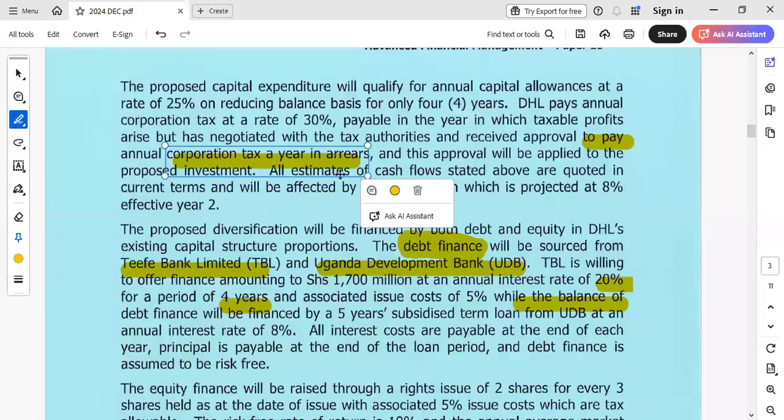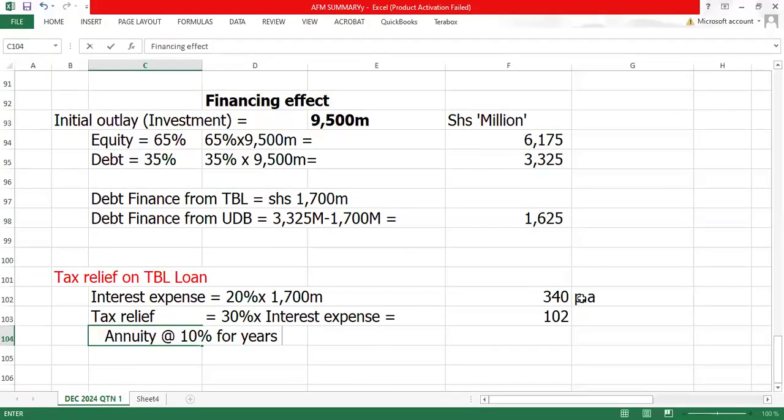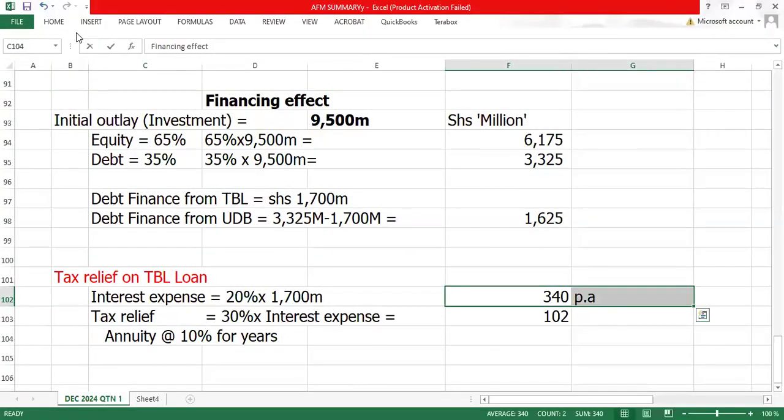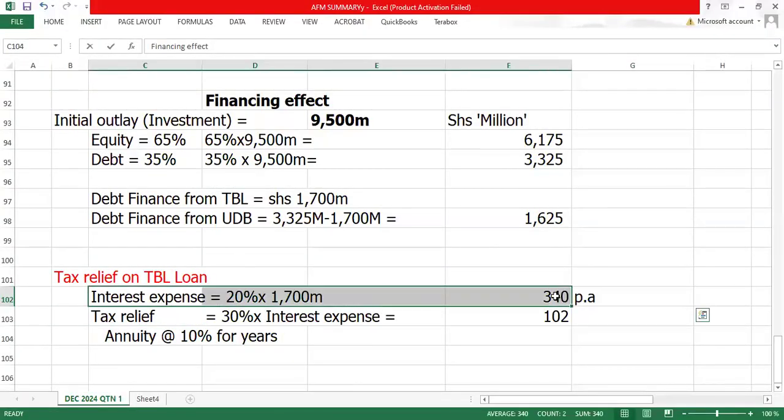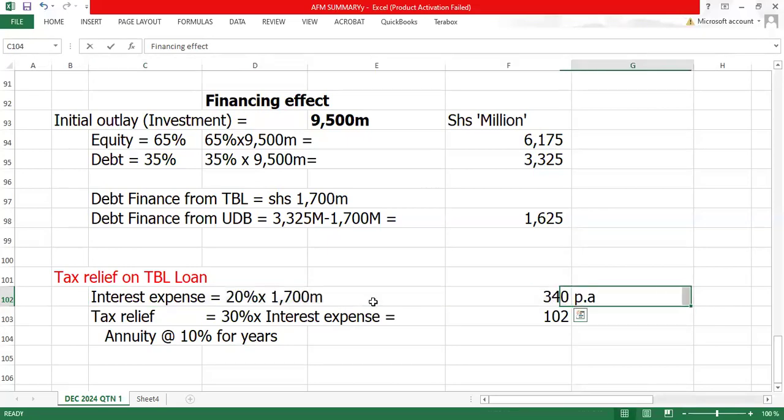Because it's a year in arrears, if you're supposed to pay tax this year, you will pay it next year. You would have claimed the tax relief for 4 years, but in the first year you are not going to claim it. Why? That one of year 1 will be claimed in year 2.